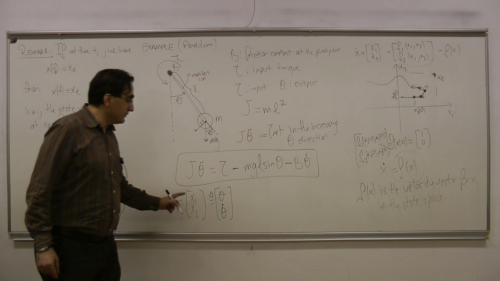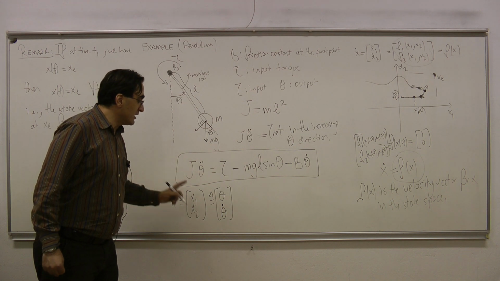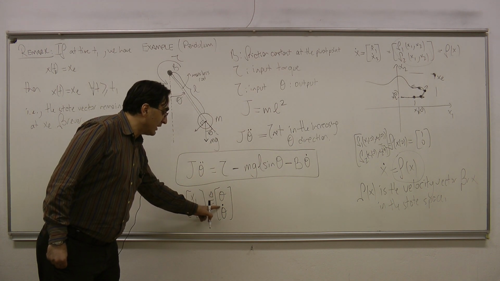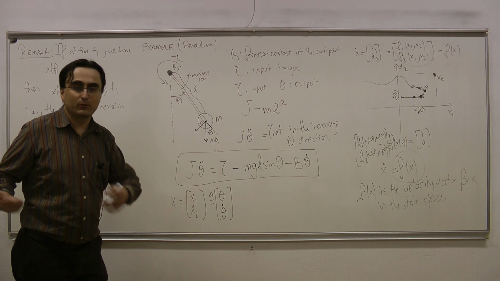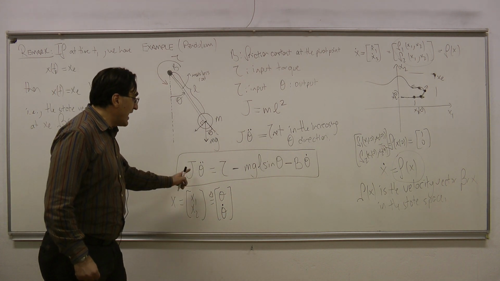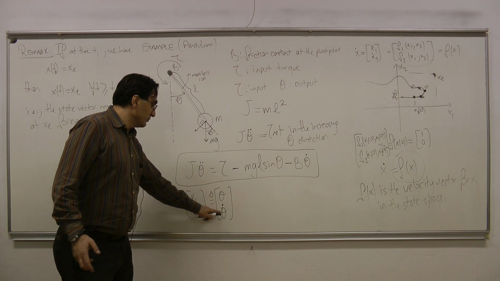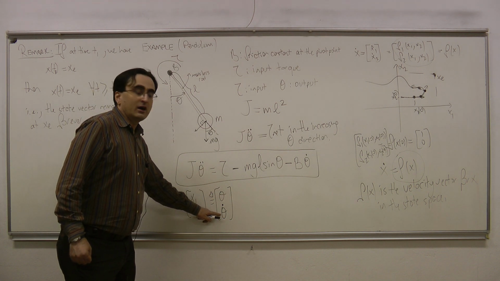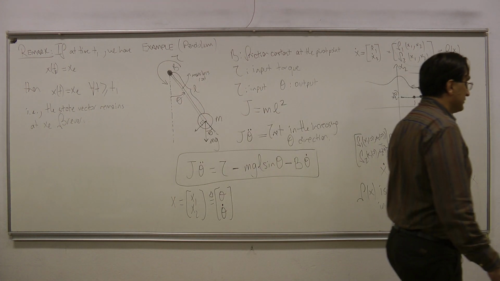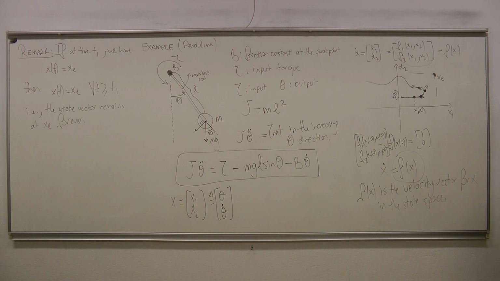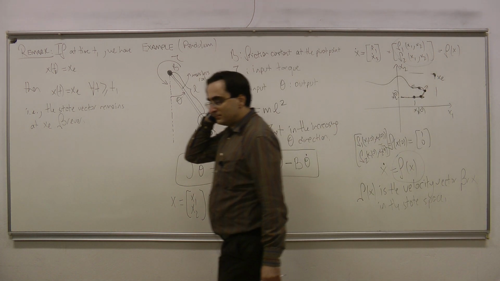Remember in the previous lecture, the output was y, and I defined my state vector as y, y dot, y double dot, going until the n minus first order derivative. Here n is equal to 2, so n minus 1 is 1, which means that in the state vector I have the first order derivative. The highest order derivative in the state vector is n minus 1, and n is 2 here, so I have theta dot here.